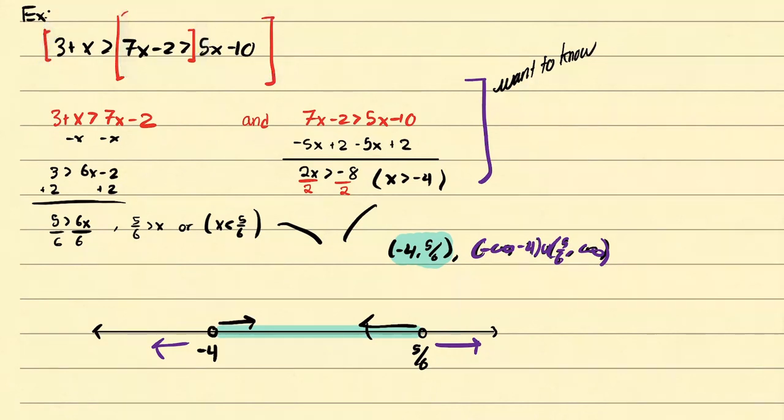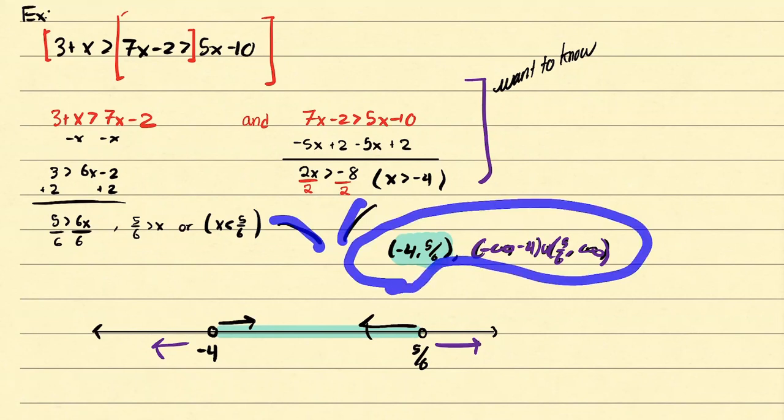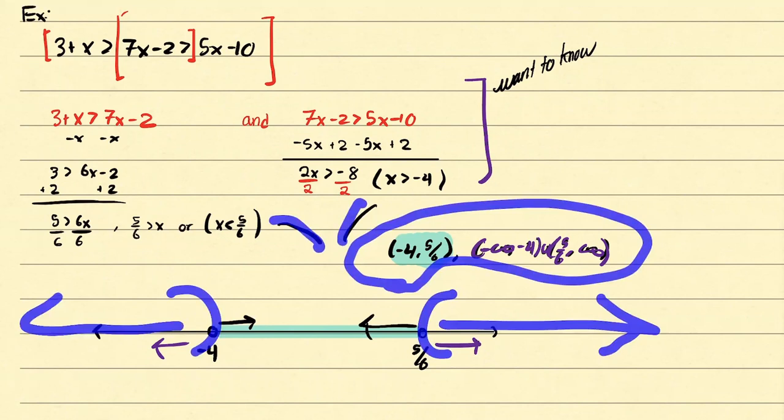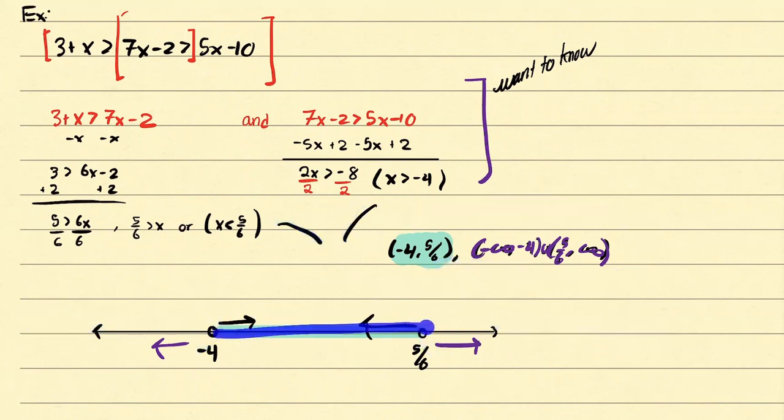Just make sure to reconvene at the end and don't write your solutions like this. These are the two solutions, but they need to be true at the same time, meaning you need to do this type of analysis. Are they going to be disjoint like this and point in different directions? Or will they be describing a bubble of numbers?